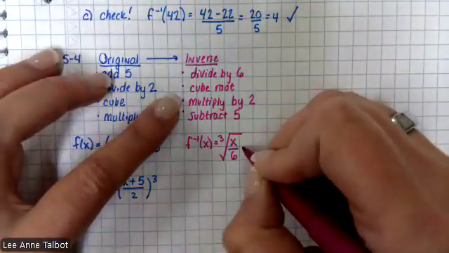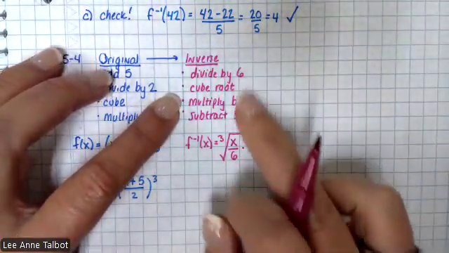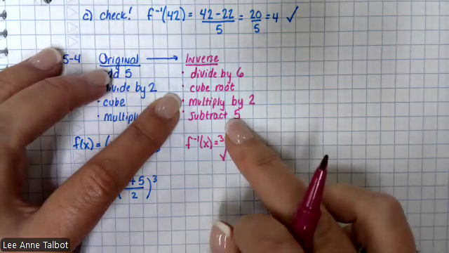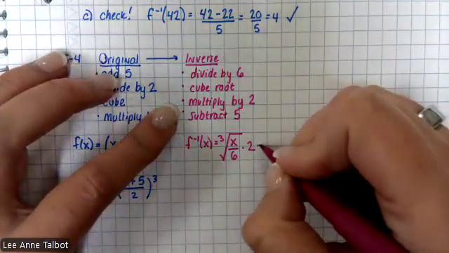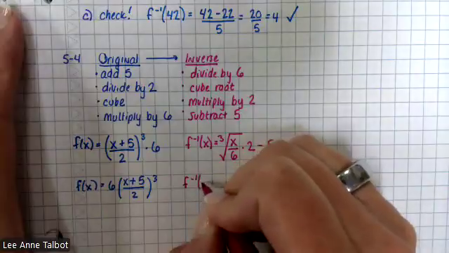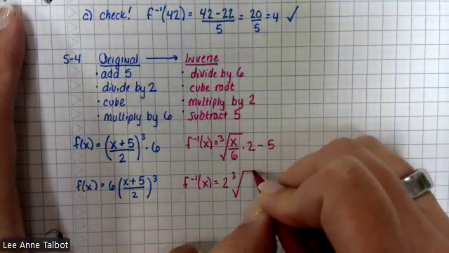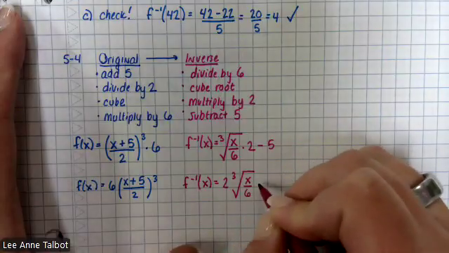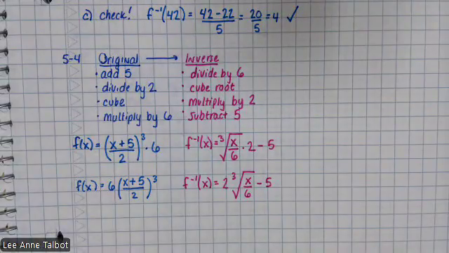Multiply by 2 on everything. And you see, if I had my crystal ball out, I could have left room in the front to do the times 2. Subtract 5 from everything. Done.